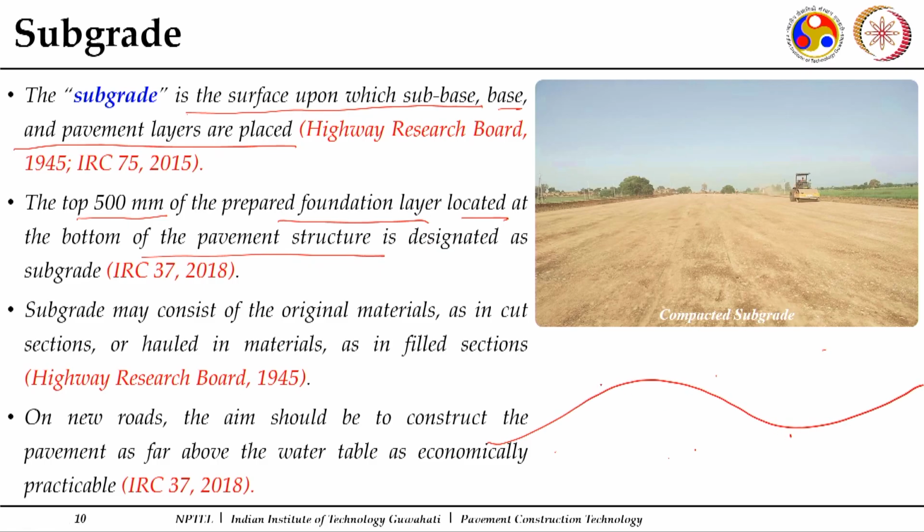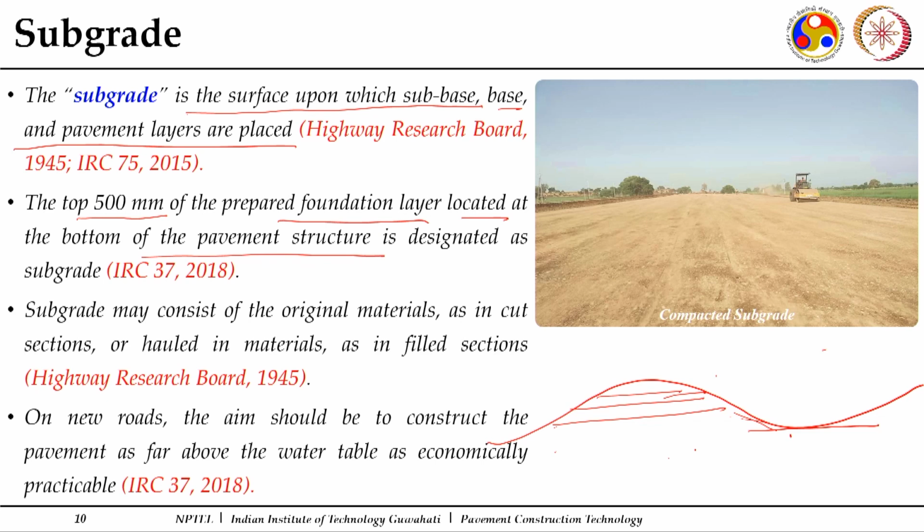I have shown it in a small, exaggerated view, you will not find this kind of vertical gradient here. But my example is to show that if at some portion you need to cut the existing land, then also you have to go up to the subgrade bottom, and you have to remove the existing soil, and you have to reconstruct that subgrade.